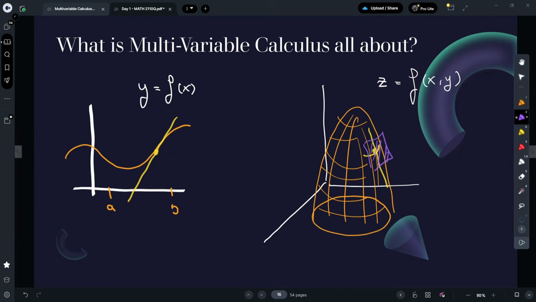Now, what did we do also with derivatives? By knowing where the tangent line was flat, horizontal, what did that tell us about a function if the tangent line was horizontal? It wasn't growing?